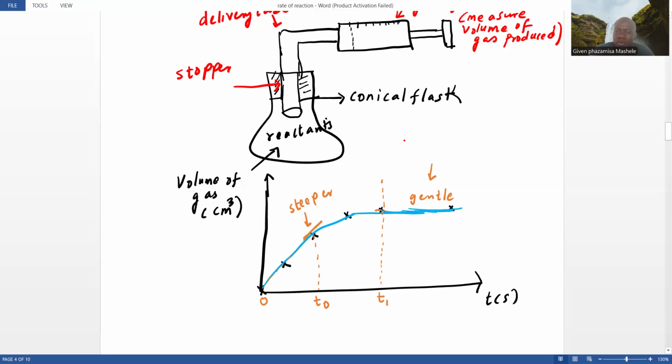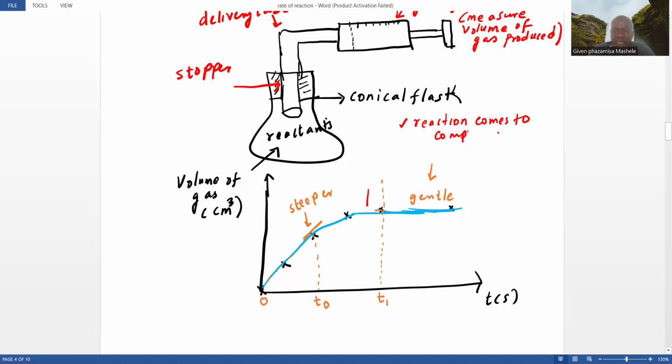So there are possible reasons. We can say the reaction comes to completion, somewhere here.